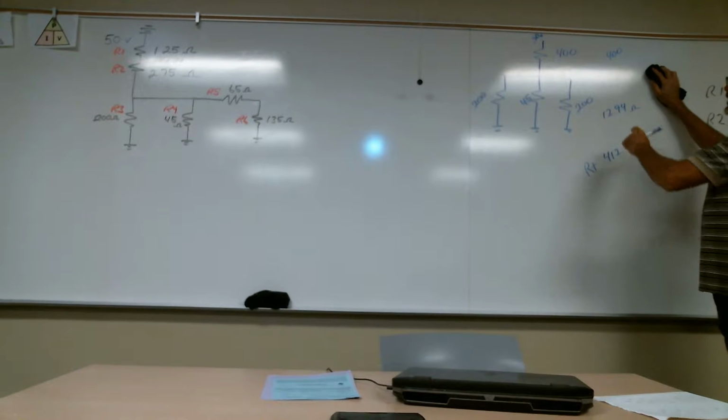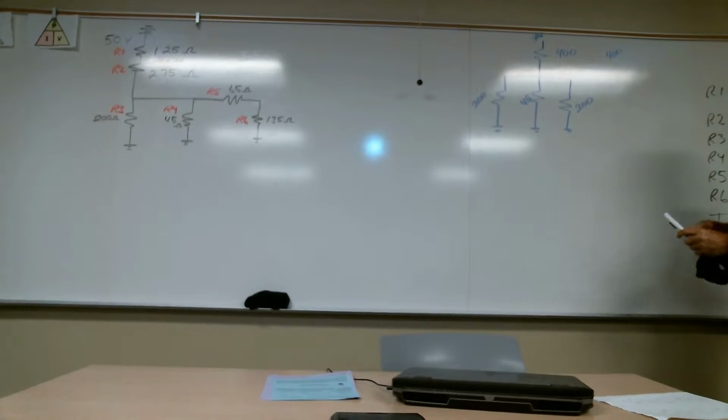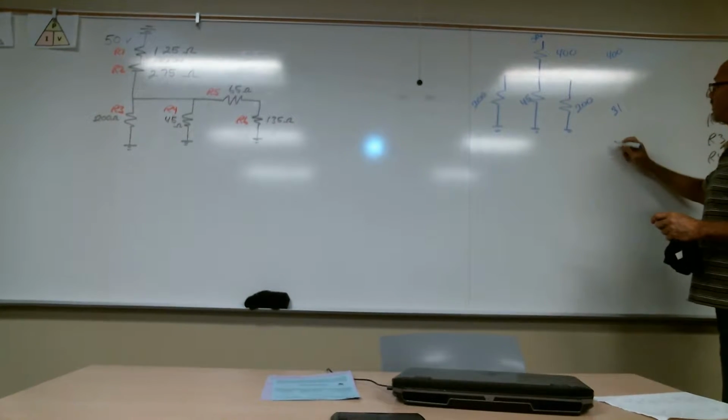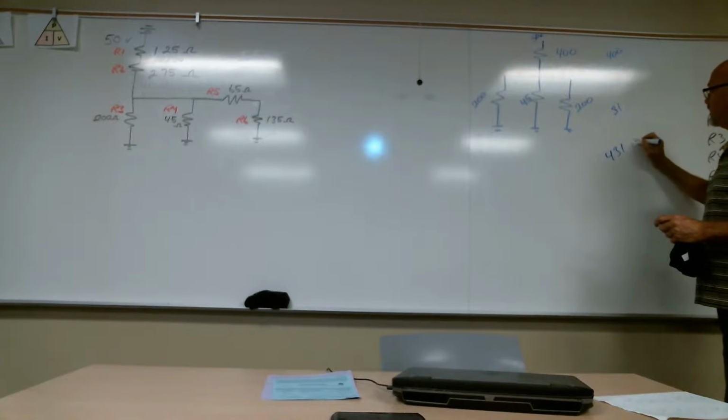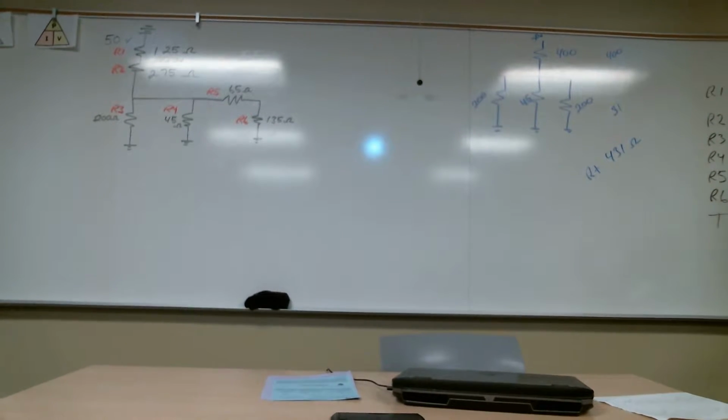So for your total resistance, the bottom half, you got how much? 31. So you got 431 resistance total. So now you want to figure your total current.